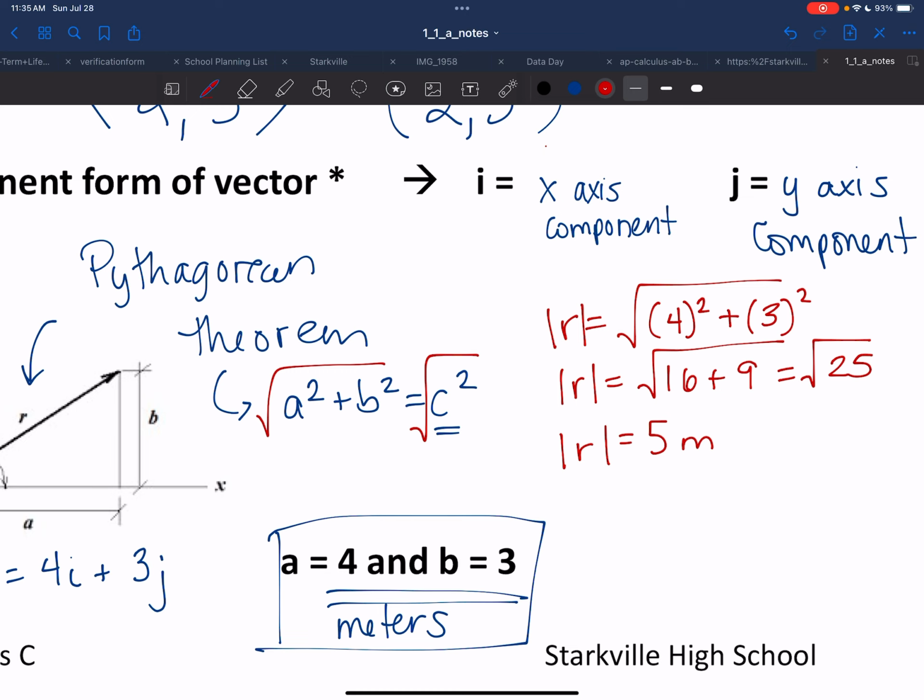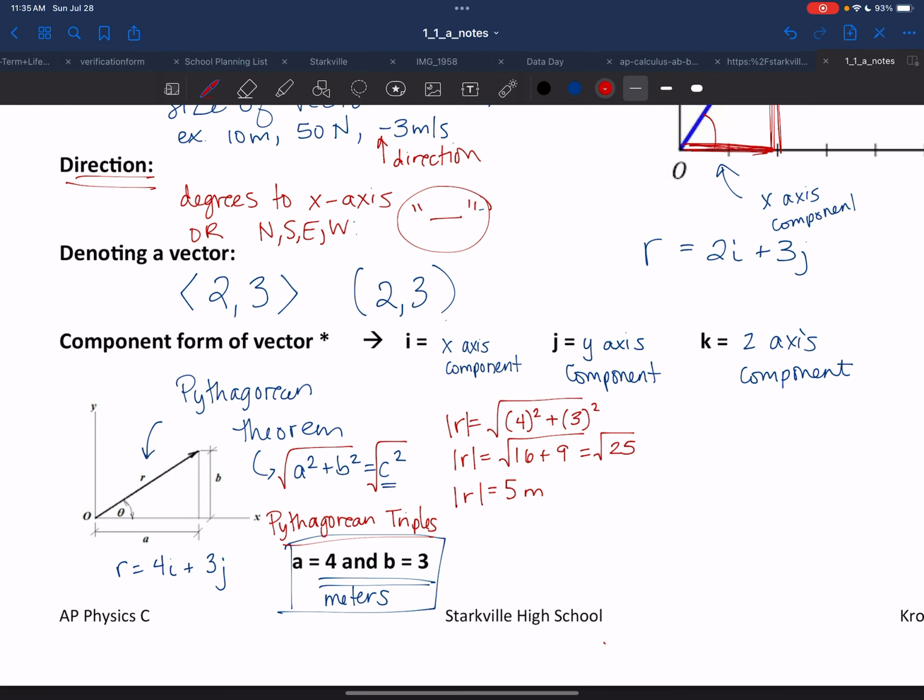So your Pythagorean triples is something that you definitely want to make sure that you understand what those are. What we can do in class is list what those Pythagorean triples are so that you get used to using those. All right. Well, how do we figure out this angle?